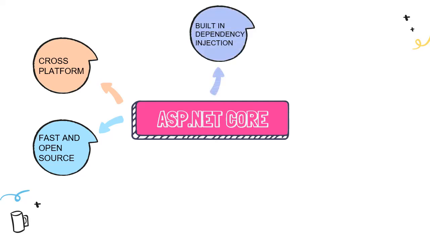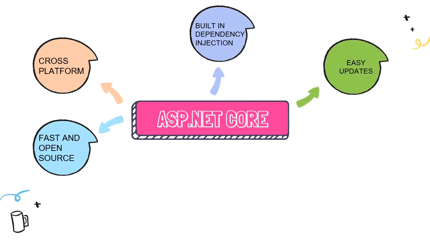With ASP.NET Core, we get built-in support for dependency injection. Dependency injection saves a lot of time and it is extremely helpful. As we proceed with the course, you will see the benefits that dependency injection brings to the picture.